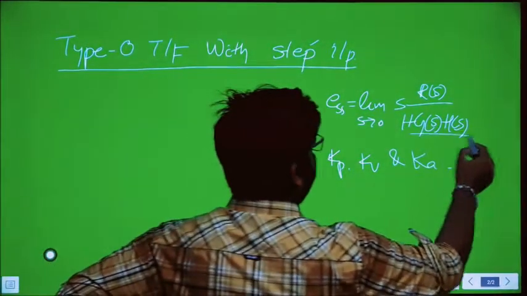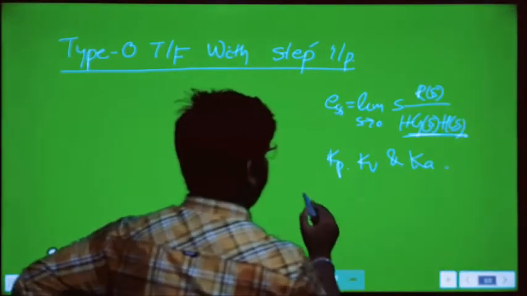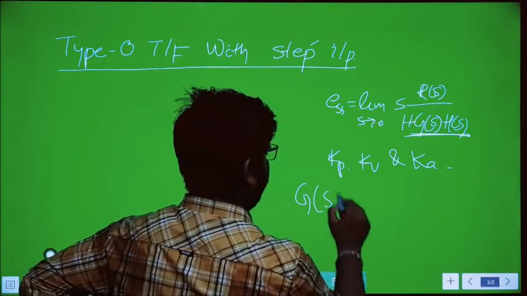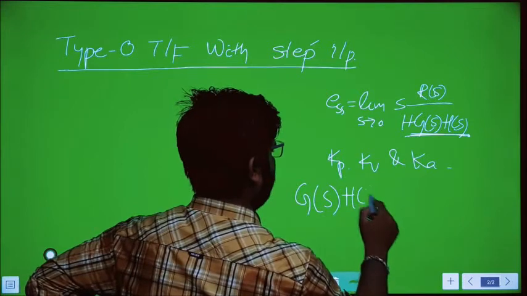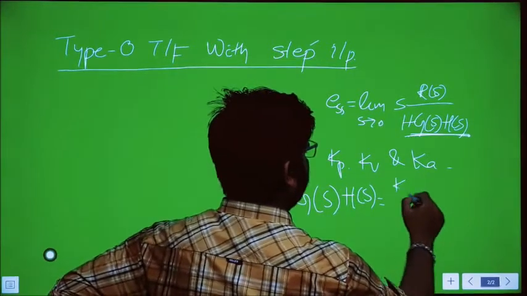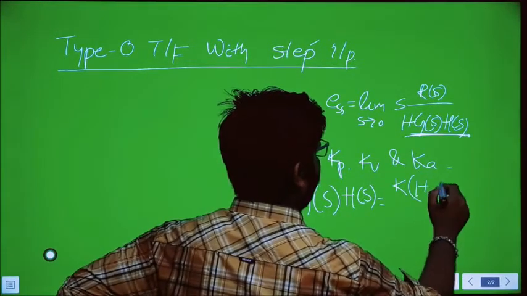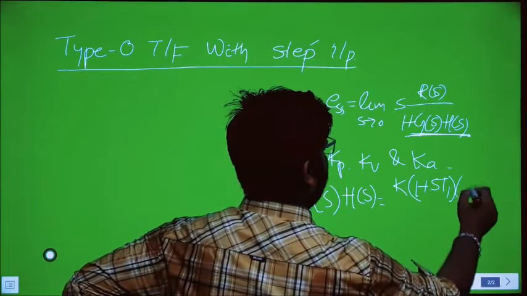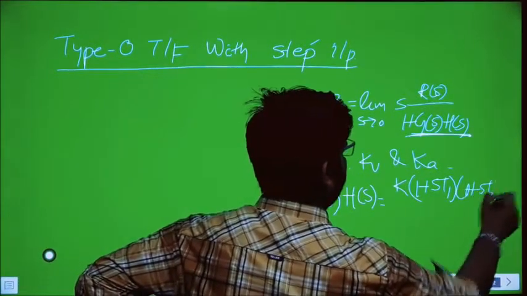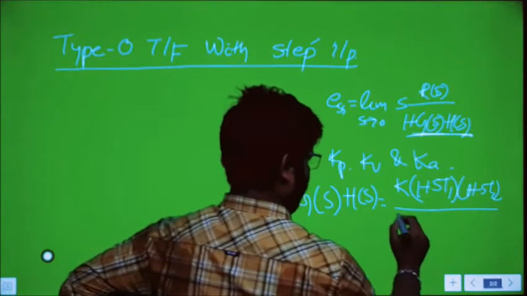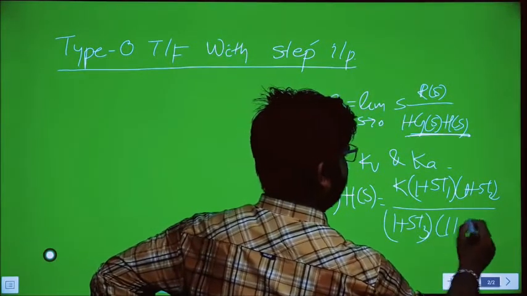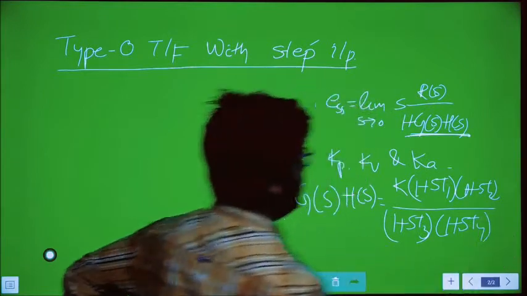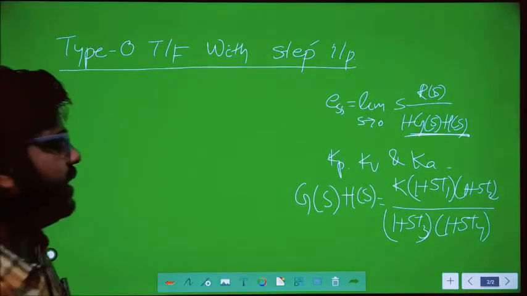So here, let me think about this G(s) H(s). Let's say this is some constant K multiplied by (1 plus sT1) into (1 plus sT2) divided by (1 plus sT3) into (1 plus sT4). In this way it is written.